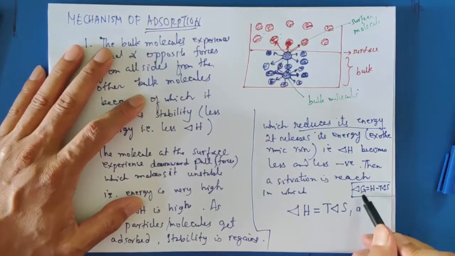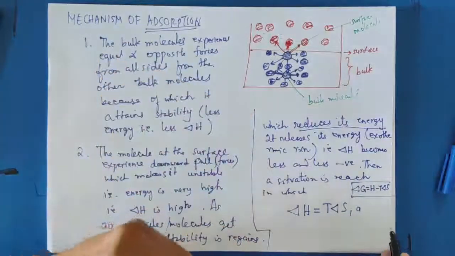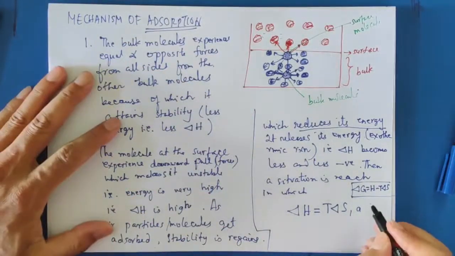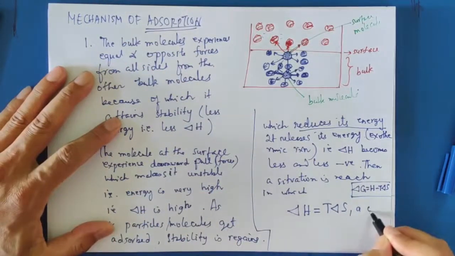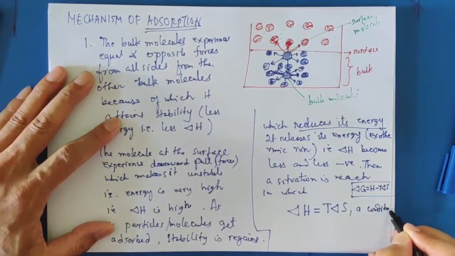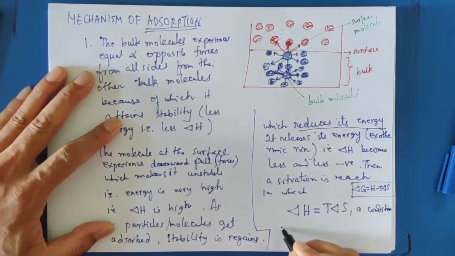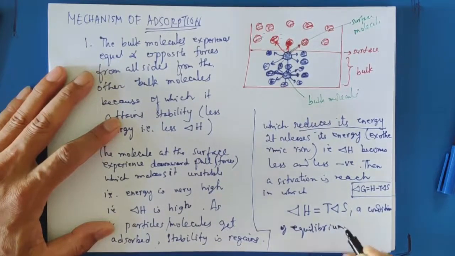For spontaneity, delta G has to be negative. This condition is called a condition of equilibrium. This is equilibrium. A condition of equilibrium is established.